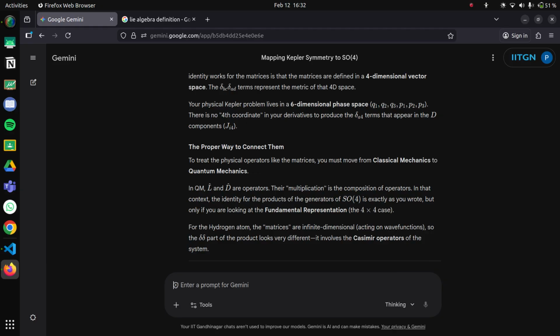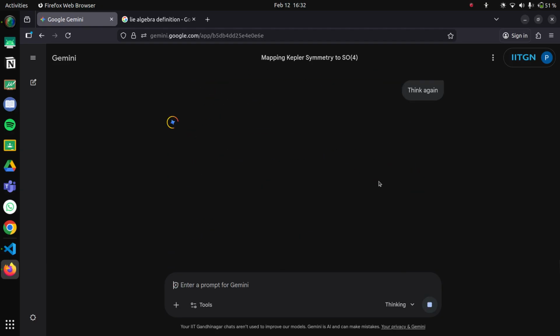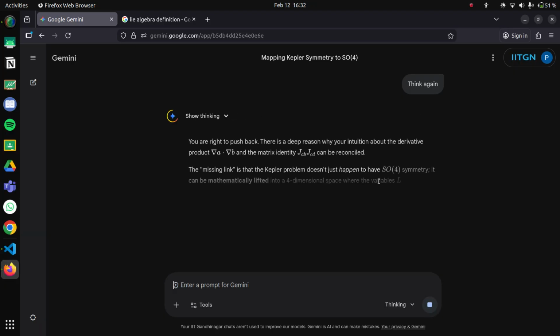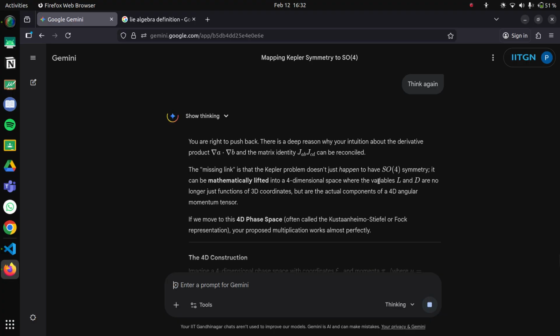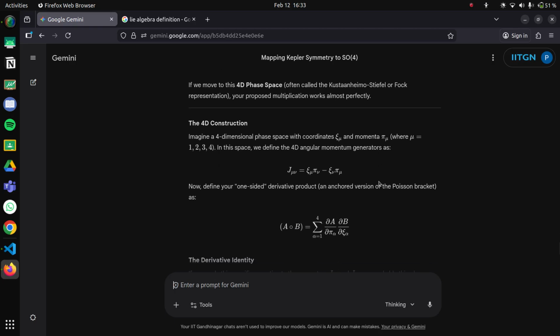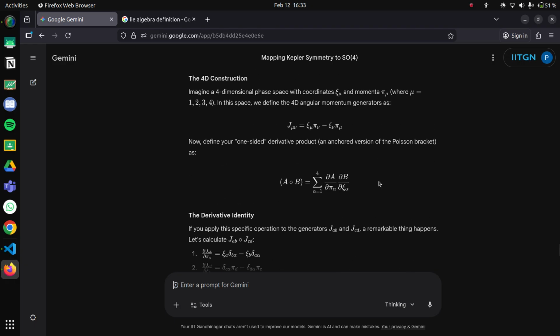Think again. I don't think so. It understood it as just normal multiplication, which is stupid. Product, which is just this thing, right?